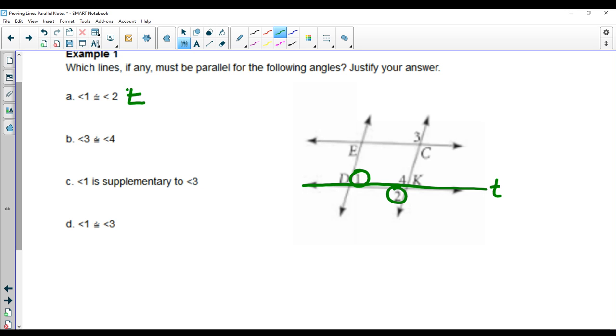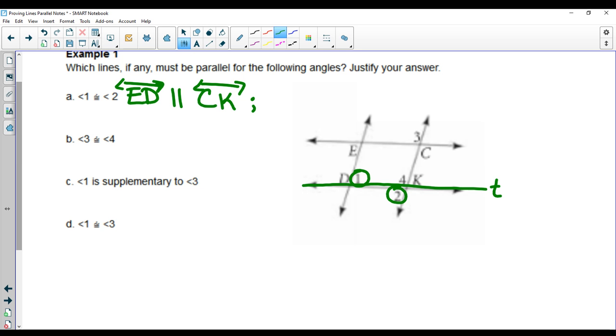We're going to say ED is parallel to CK. And I forgot my arrows. Please remember when you're writing lines like this, you use 2 points and then draw a little line on top. So the lines ED and CK are parallel.